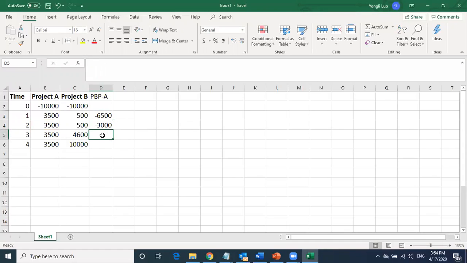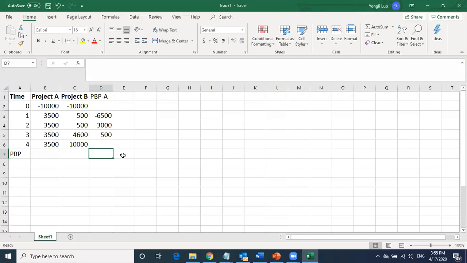In the third year, this is your money left, and during the third year you get 3,500. So you see the sign already changed. At the end of the third year, you have earned 500 already. So what is your payback period?